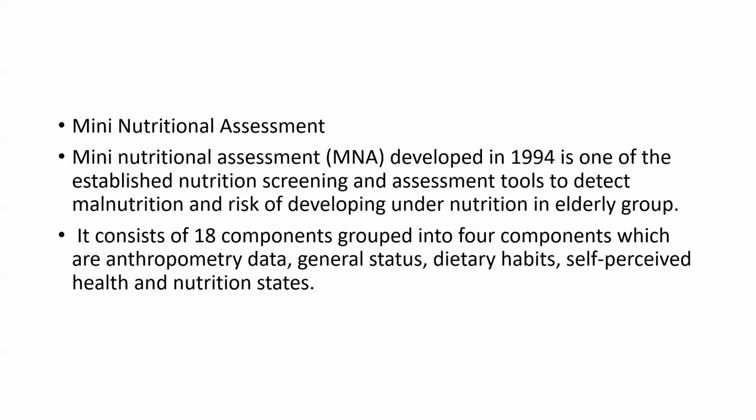Mini Nutritional Assessment was developed in 1994. It is one of the established nutrition screening and assessment tools to detect malnutrition and the risk of developing undernutrition in the elderly. It consists of 18 items grouped into 4 components, which are anthropometric assessment, general status, dietary habits, and self-perceived health and nutritional status.